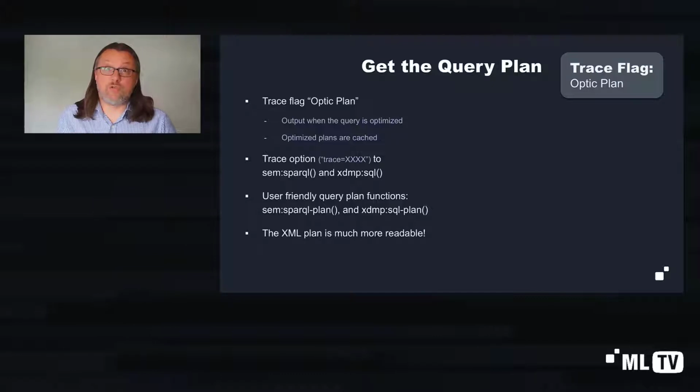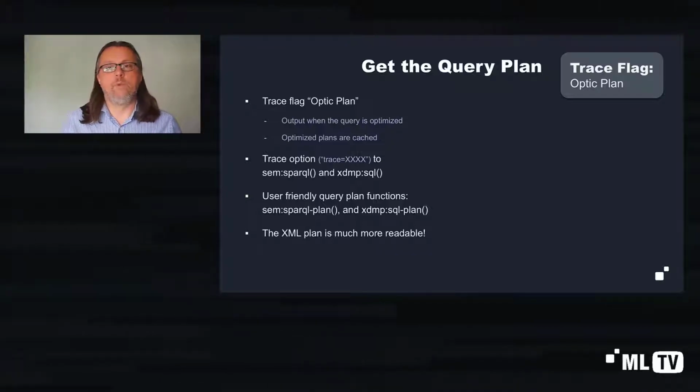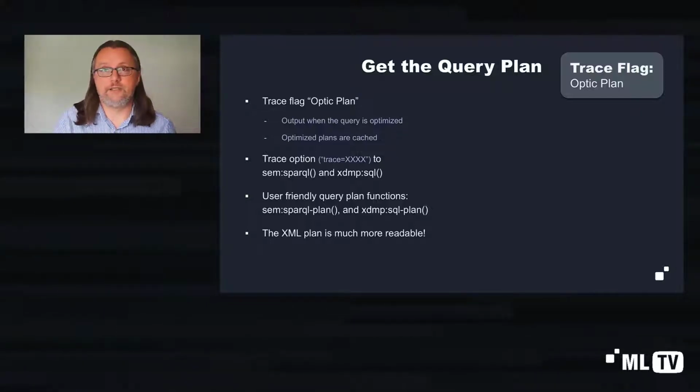So the first trace flag, and maybe the most obvious trace flag we're going to use, is the Optic plan trace flag. That will output the query plan for the query into the logs. There are other ways to look at the query plan. One of them is to use the trace equals option to calls to SPARQL or XDMP SQL.